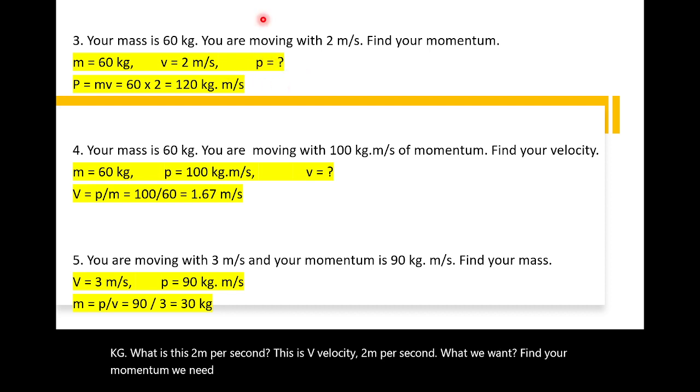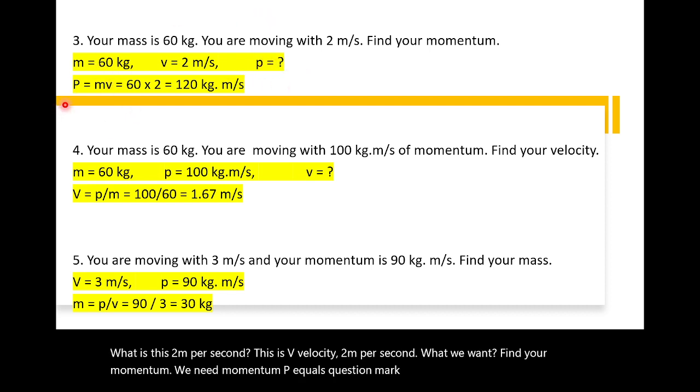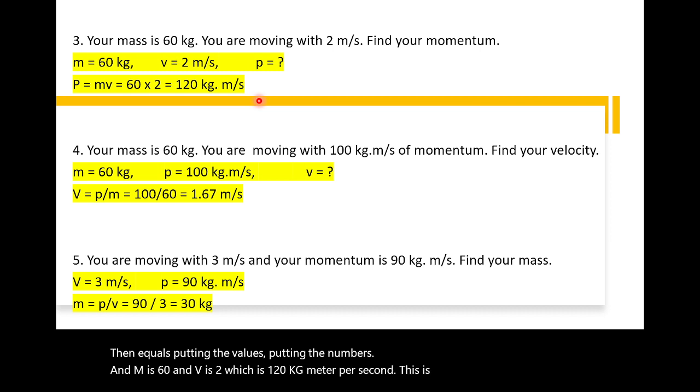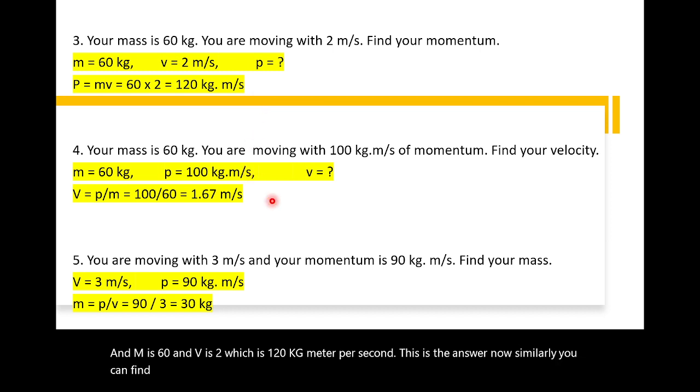P equals question mark. Now I will write the formula. P equals mv, then putting the numbers, m is 60 and v is 2, which is 120 kg meter per second. This is the answer. Now similarly, you can find other variables, like you know this question has mass 60 kg.